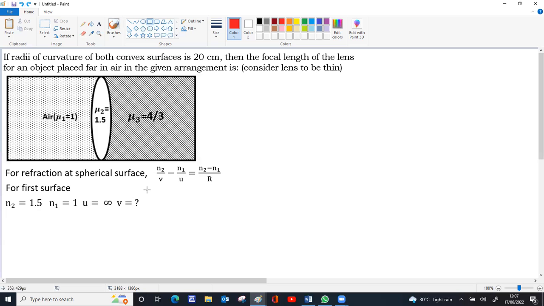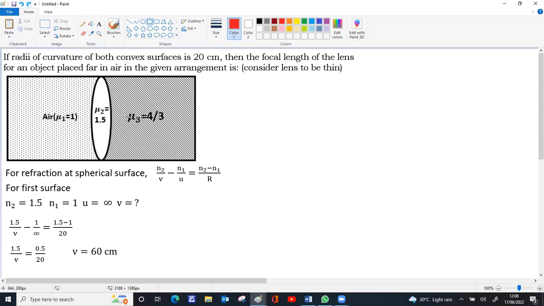So we substitute the values: 1.5 by V minus 1 by infinity will be 0, equals 1.5 minus 1 by plus 20 centimeters. So 1.5 minus 1 will be 0.5, 1.5 by V equals 0.5 by 20, so V will be 3 into 20, equal to 60 centimeters.